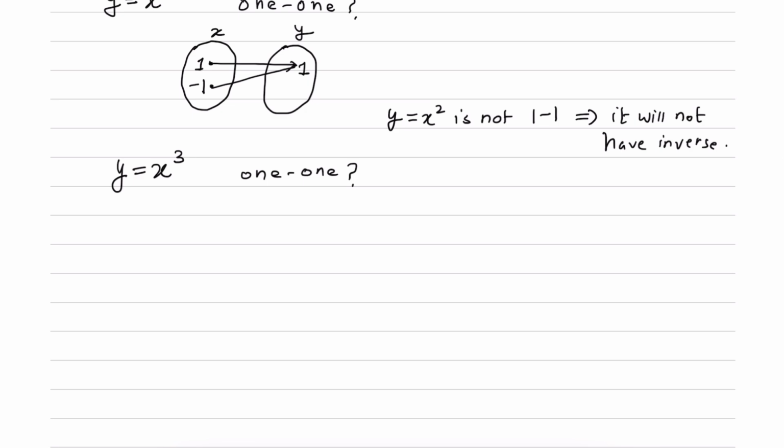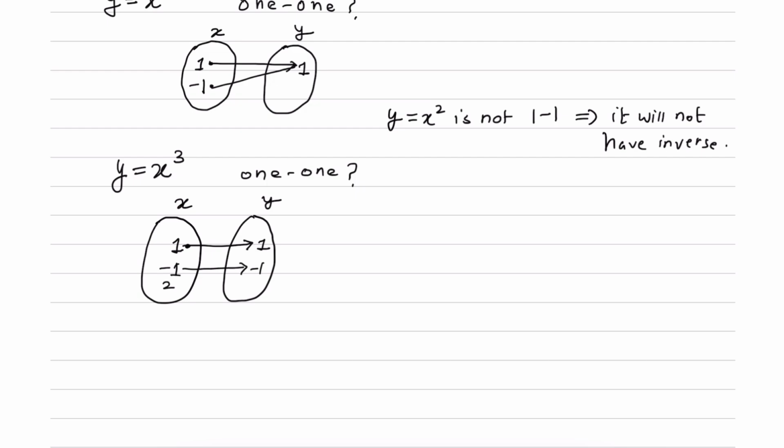So let's check if it is 1, 1 or not. We take x values and plug them in the function and we get the y values. Okay, so let's take x equal to 1. When we plug 1 in x cube, 1 cube is 1, so the answer is 1. When we take -1, -1 cube is -1, so the answer is -1.